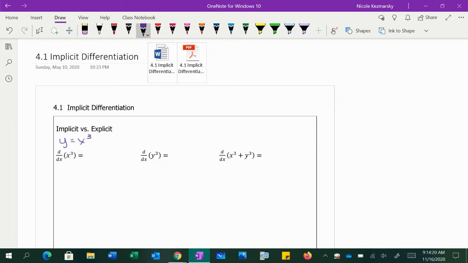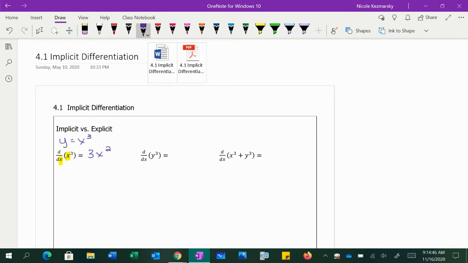And so when we take the derivative with respect to x of a function like this, because the variable down here in the dx matches the variable that we're taking the derivative with respect to, we do what we've been doing. We just say, okay, the derivative of x cubed using the power rule is 3x squared.